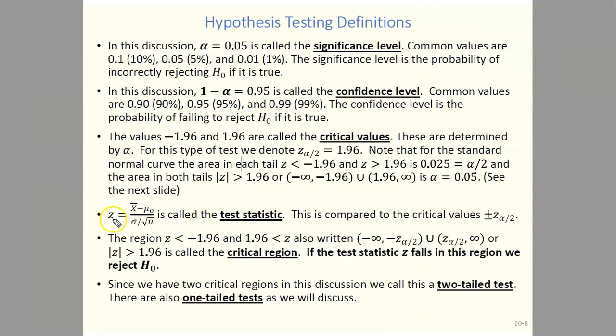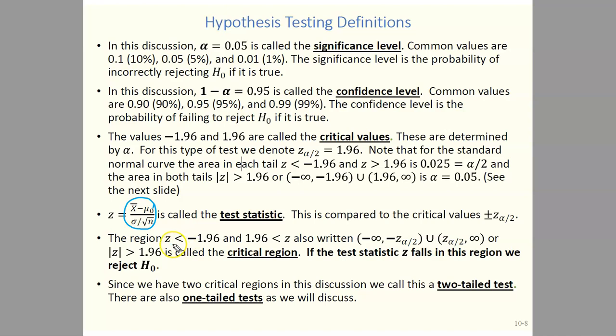And once again, the value Z, which is x bar minus mu naught, your null hypothesis value, divided by sigma over root n, that is called your test statistic. And this is used to determine whether you reject or fail to reject the null hypothesis, depending on whether it lies in the critical region or not.